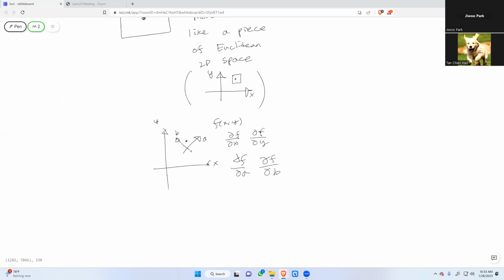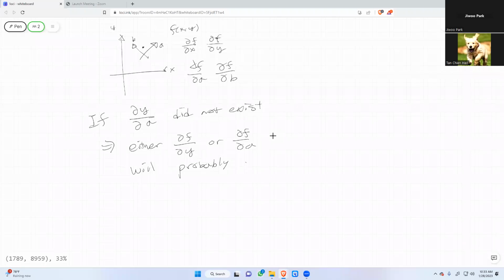But things might not be cool when something terrible happens. For example, consider some terrible choice of y, x, a, and b, so that partial y partial a did not exist. Then either partial f partial y or partial f partial a will probably not be well defined.